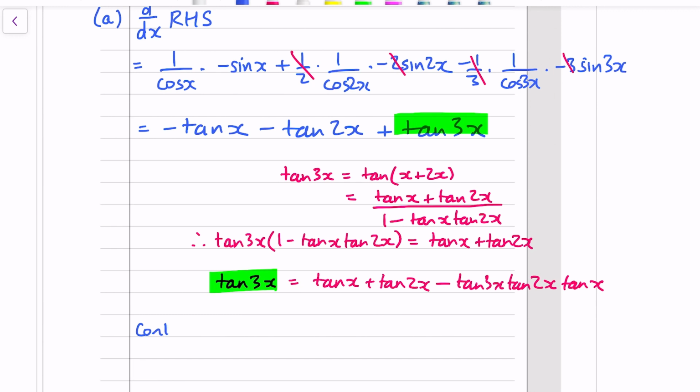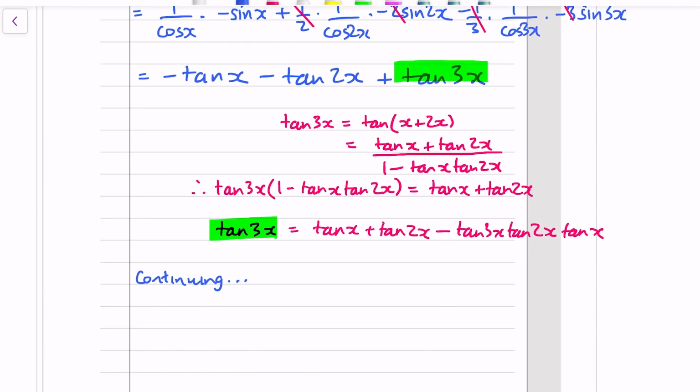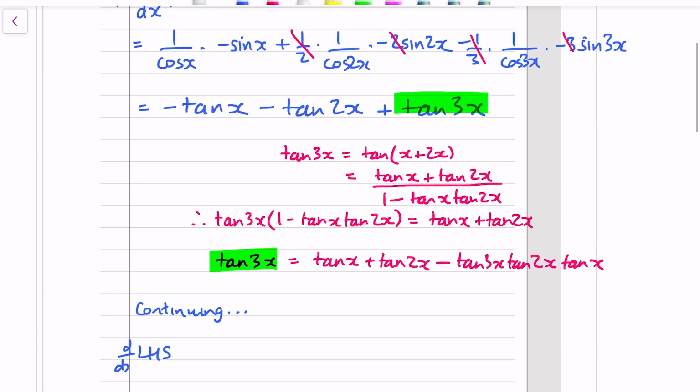So continuing, left hand side, d dx left hand, oopsies, it wasn't left hand side, it was right hand side. Doesn't matter. Minus tan x minus tan 2x plus this stuff.